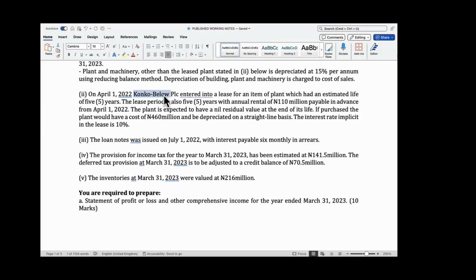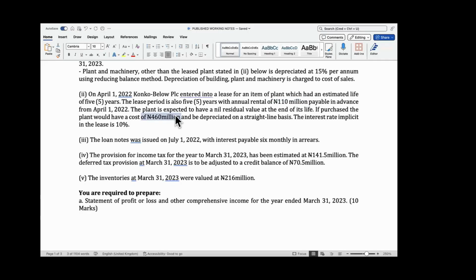IFRS 16 says that the lessee must recognize the asset he has leased in his books and call it a right of use asset. And he must also recognize a lease liability. The way it's recognized is by getting the present value of the rent you are going to pay.